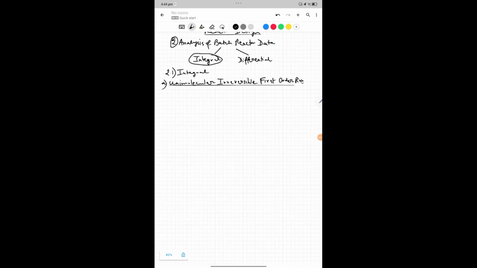Now suppose you have a reaction where reactant A is giving rise to products, and remember we are talking of a first order reaction. In that case, the rate expression can be given as minus rA, where minus means the reactant is getting consumed, equal to minus dCA by dt.